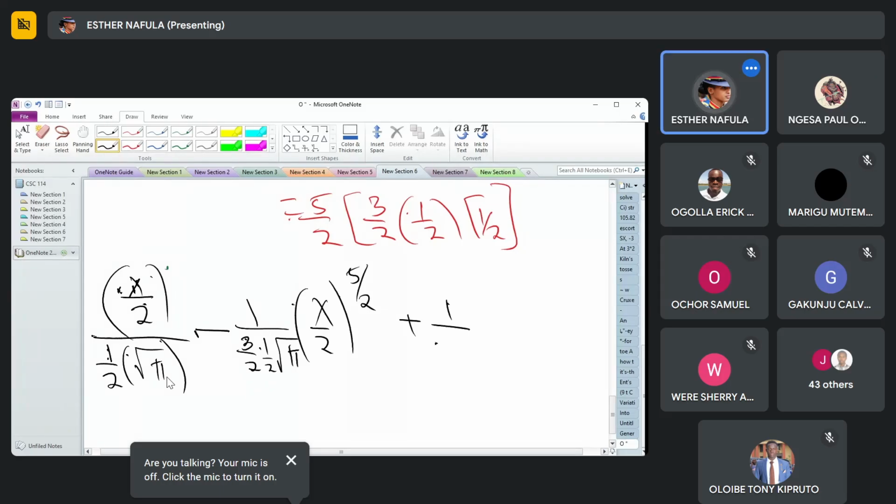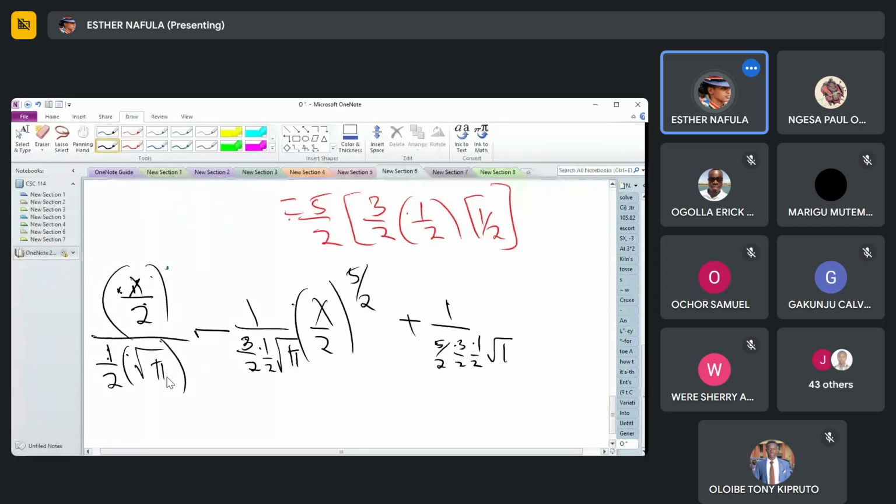We had some ratios 5 over 2, 3 over 2, root pi, x over 2 raised to 9 over 2, plus, and so on. Factor out what is common.